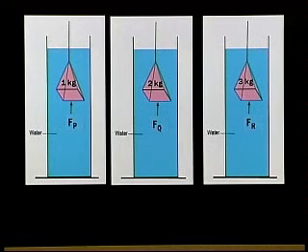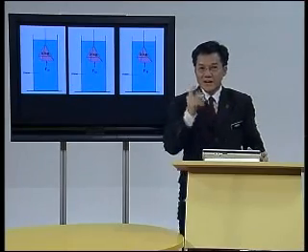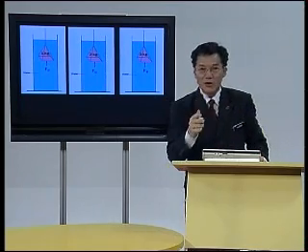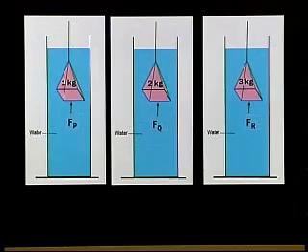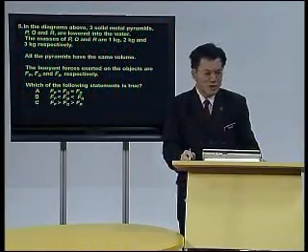The second one has a mass of 2 kilograms. The third one has the mass of 3 kilograms. But we are given in the question that the volume is the same in each case. So the volume of the pyramid in diagram 1, diagram 2, diagram 3, they are all the same. They have the same volume. So that is a very important piece of information for us.